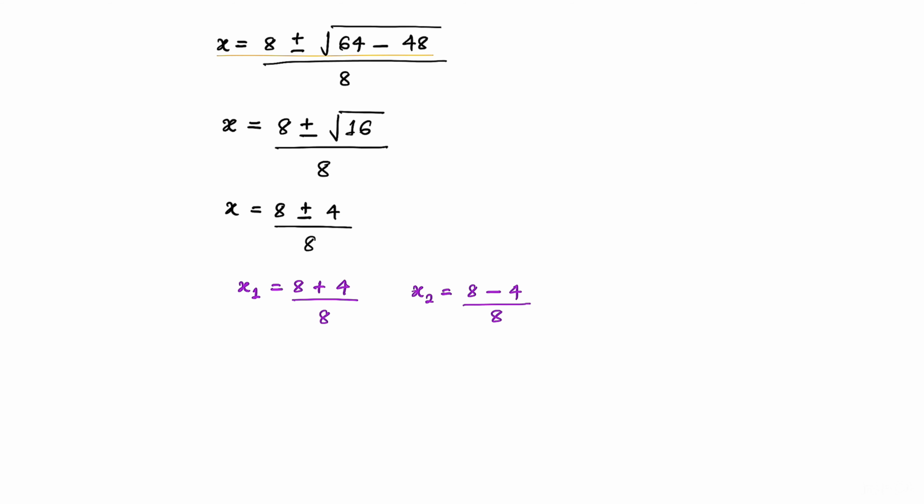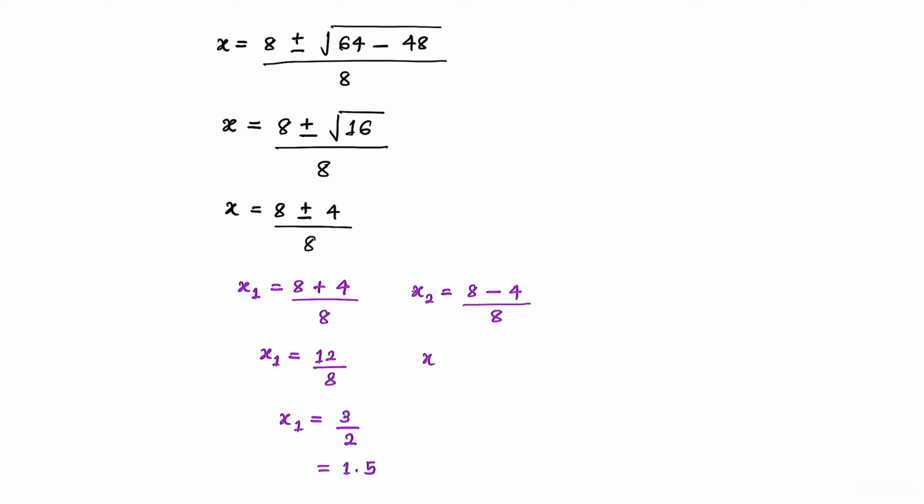So what we just did was we separated the operation of the positive and the operation of the negative and solved them individually. So x1 equals 8 plus 4 is 12 divided by 8. So that means x1, the first value of x, is equal to 12 divided by 8 will give us 3 over 2, or we can simply write it as 1.5.